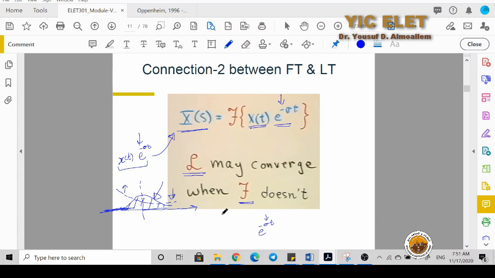When you generalize to S domain, you may be able to calculate the Laplace transform for it, while you are not able or capable to find the Fourier transform for it. And this does make sense. Why should we move from Fourier transform to Laplace transform? Do you get this point?